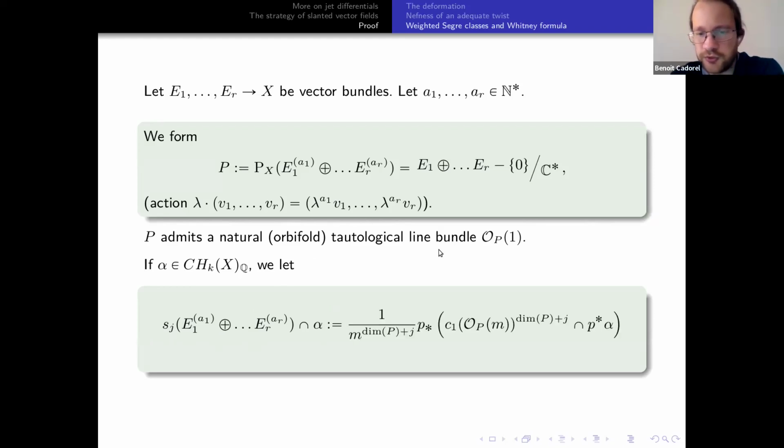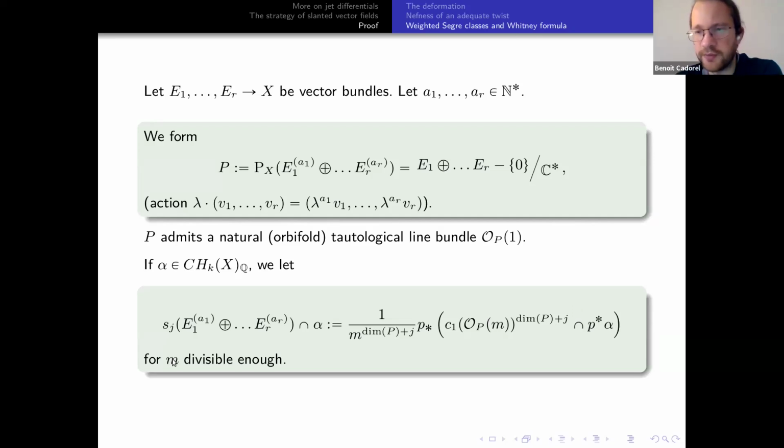You just want to take the intersection of the pullback of alpha with the adequate power of the C1 of the tautological line bundle. Here, since it's an orbifold line bundle and not a genuine one, either you look at this intersection number in the sense of intersection theory on smooth Deligne-Mumford stacks, or you just take some sufficiently high power and divide by this power in the end, so that this is a genuine line bundle, and you define this Segre class that way.